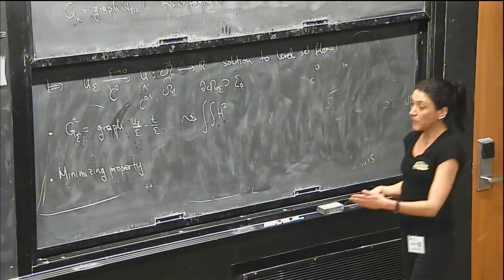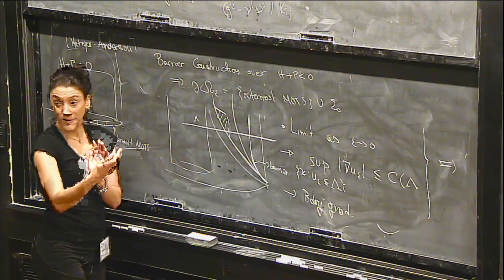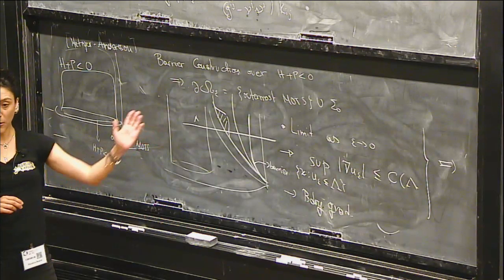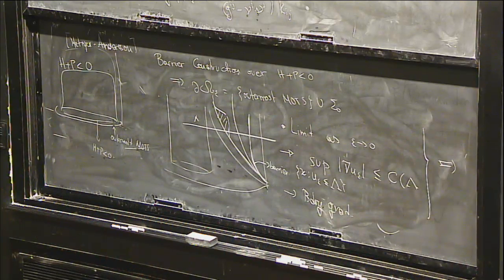So if you look at these U epsilon graphs and you change them on the outside, the area goes up. But this is a mean curvature flow, so here you have area plus the integral of P over the volume, and this goes up. So this is a one-sided minimizing property, area plus the integral of P. It turns out that this P term doesn't hurt you that much.